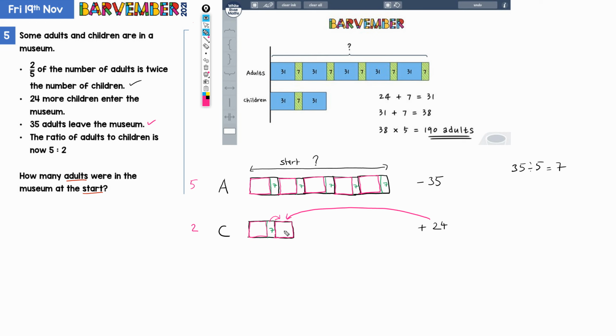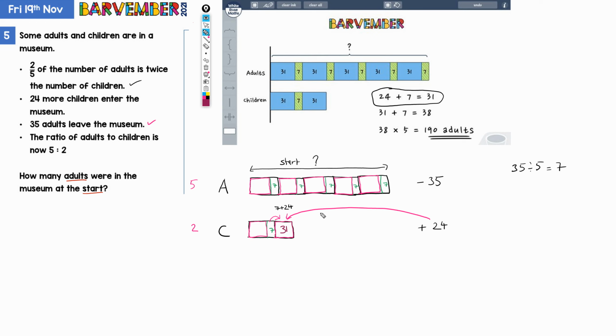Okay, so here we have the 7 plus 24, okay, into this part here. And this is the calculation that we have here. Okay, and that then gives us 31. All right, so now we can say that this is 31.